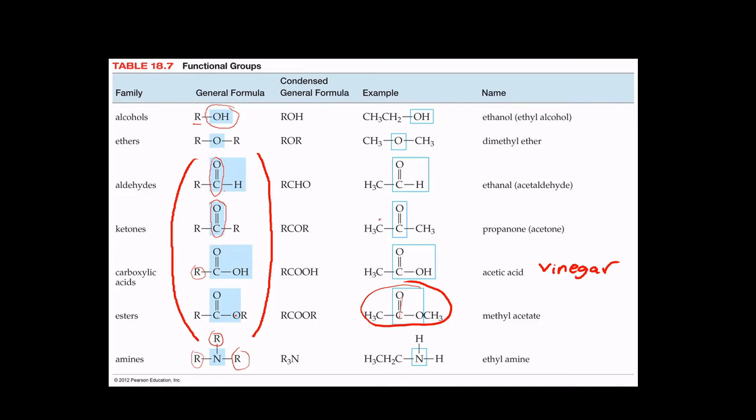This isn't strictly speaking a Lewis structure because you're not showing the lone pairs and you're not showing the individual bonds between the hydrogen and the carbons. But if I give you something like this, I would expect you to be able to recognize, oh, look at that, it's a ketone. Or look at that, it's a carboxylic acid. So you should be able to identify what groups are present in different molecules.